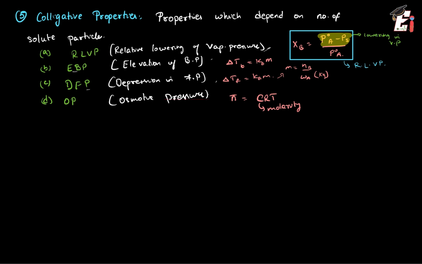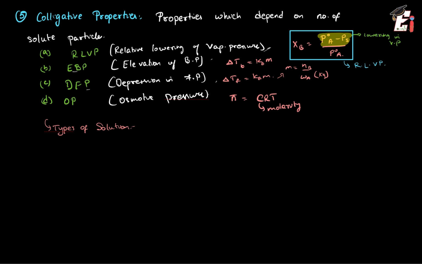Now what are the different types of solution? Types of solution come from osmotic pressure. The flow of solvent molecules from lower concentration to higher concentration is called osmosis.